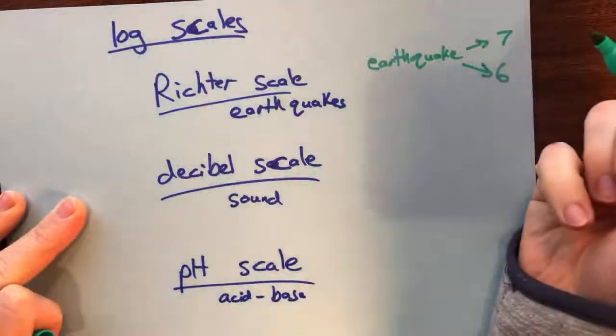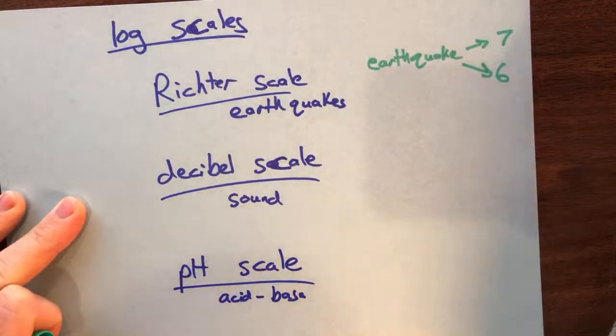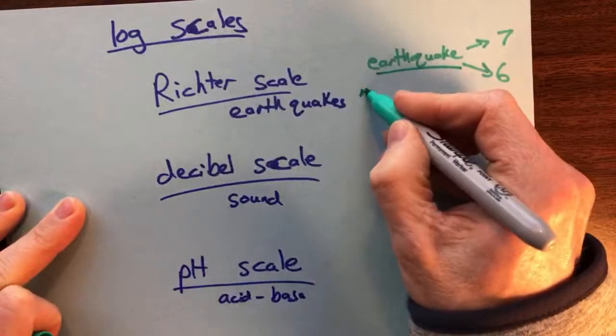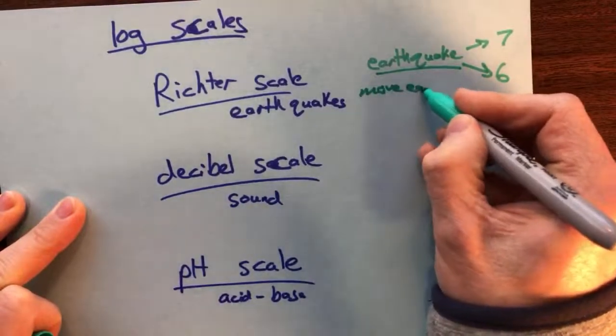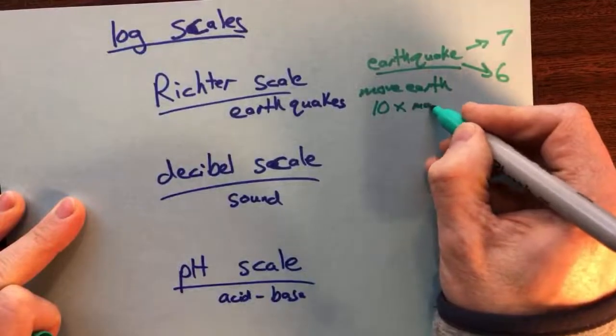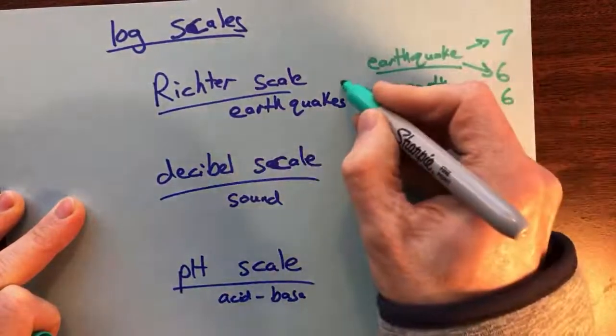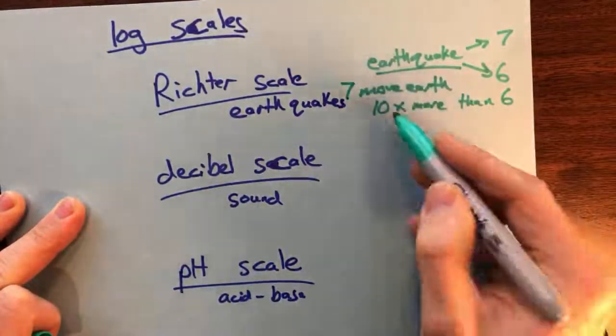So a 7 earthquake is going to move the Earth 10 times more than the 6 earthquake.